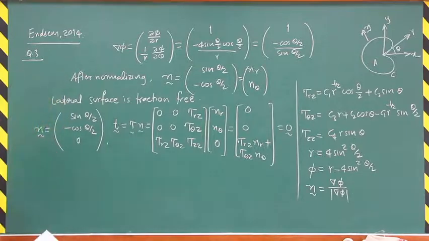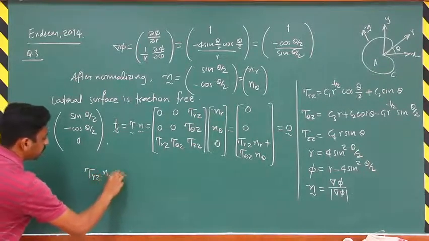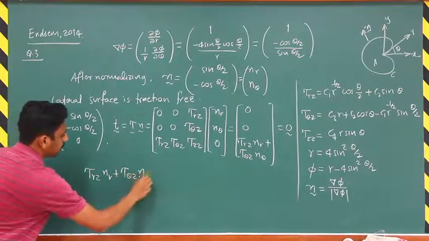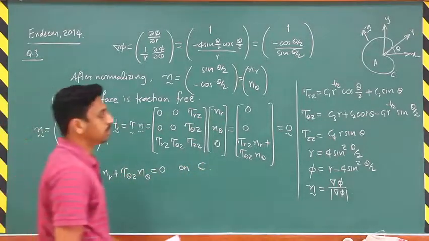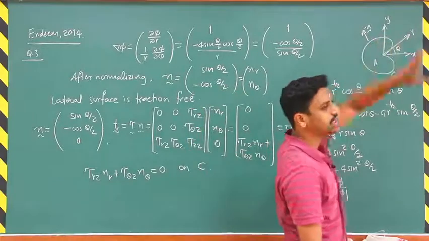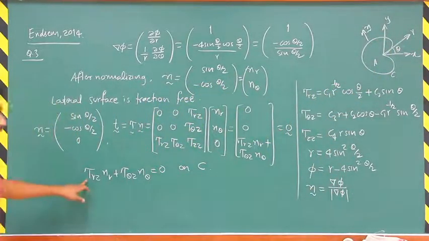So from this traction free boundary condition, we have the relation that tau r z nr plus tau theta z n theta equals 0 on contour C, because this lateral surface is nothing but the extrusion of this contour C in z direction. So we have got this condition from the lateral surface being traction free.